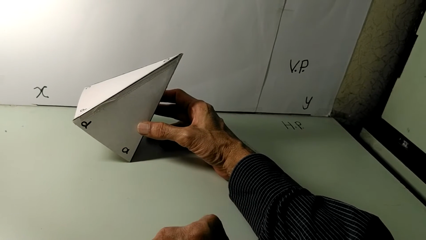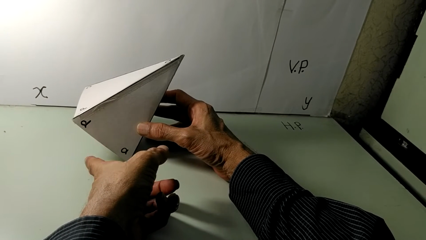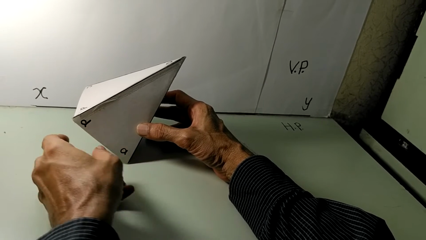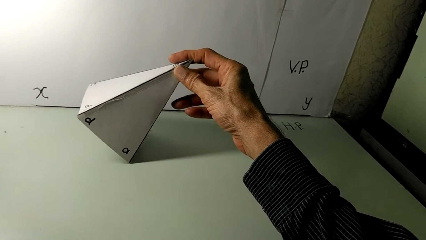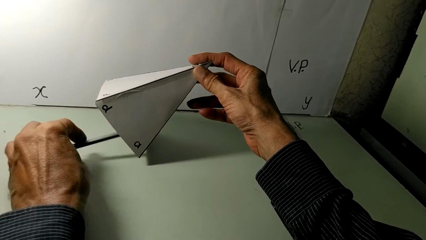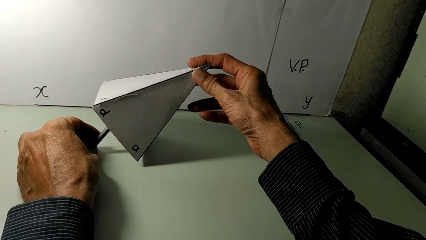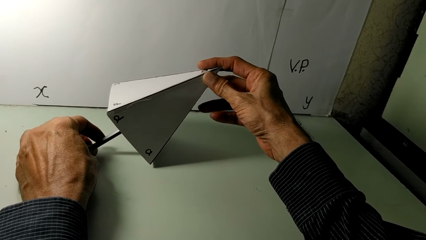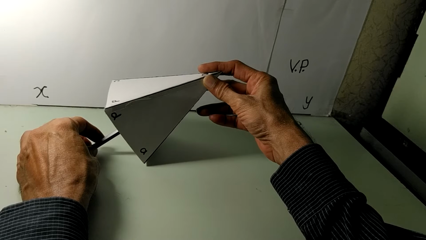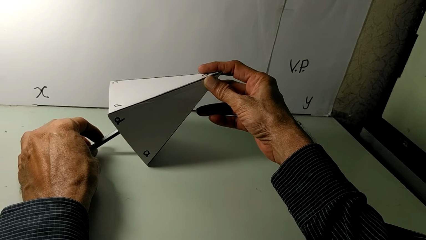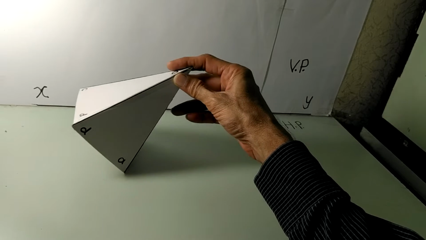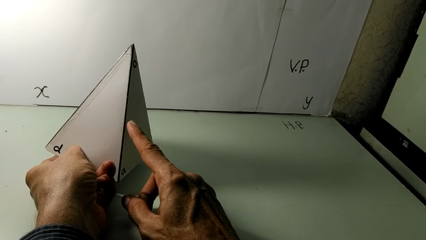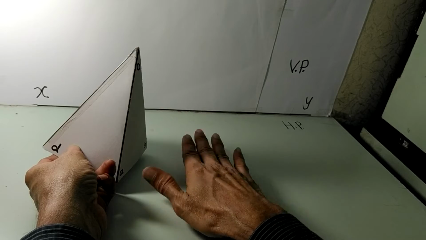Now this inclination is given in the form of angle made by the base, or angle made by the lateral surface, or angle made by the axis. Suppose I am holding this pencil as the axis. So how much angle the axis is making, that is the third method in which the inclination is given. And the fourth method is angle is not given, but this lateral surface is resting in HP.